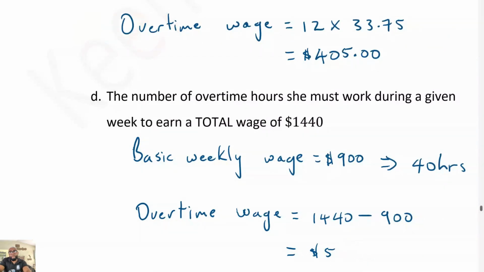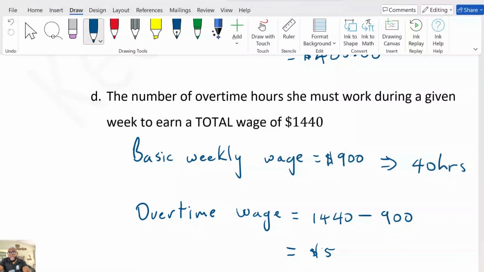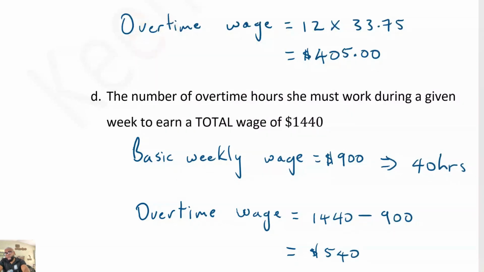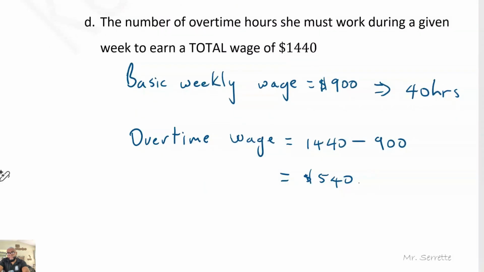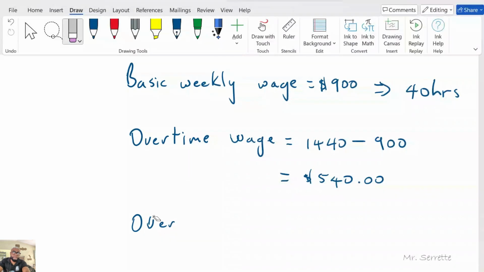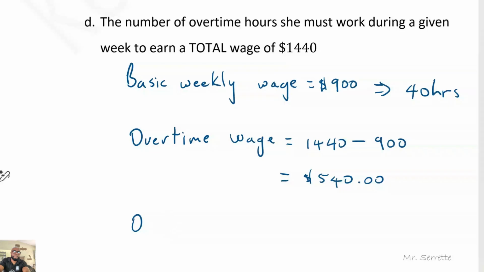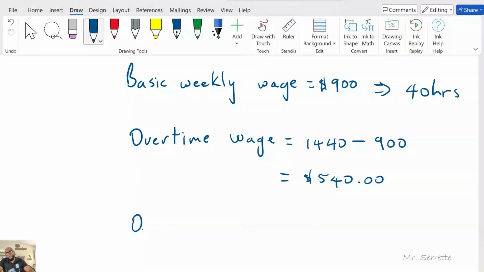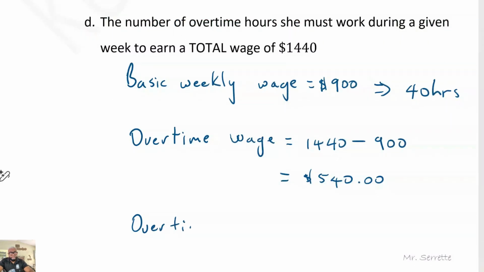They ask us for the overtime hours. How much is the typist working for per hour in overtime? You all have that. So the overtime hours would be equal to 540 divided by how much the typist is working for per hour in overtime.